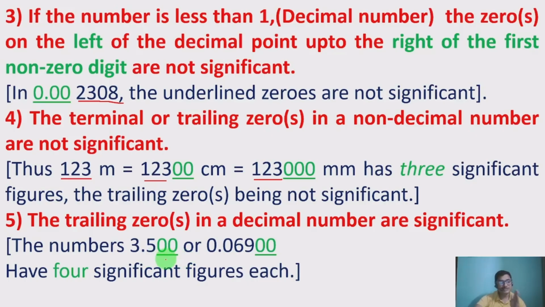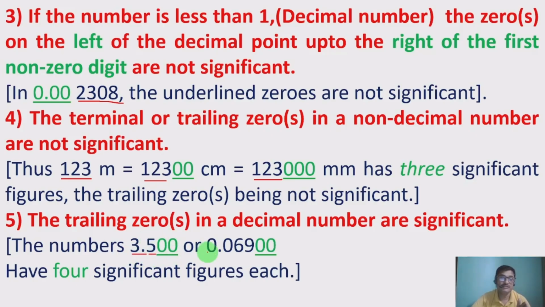Here in the decimal number, the trailing values may not be 0, they may be a certain value, and that's why these values are uncertain and may have different values, and that should be taken into the significant numbers. That's why here the significant digits are 3, 5 which are non-zero, and the trailing zeros in this one are significant.